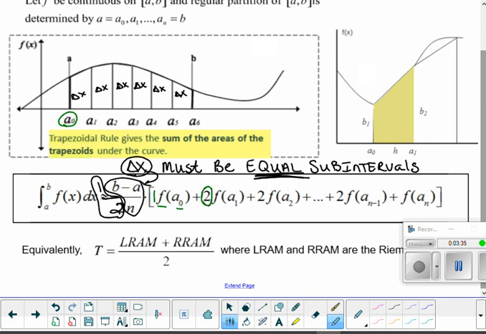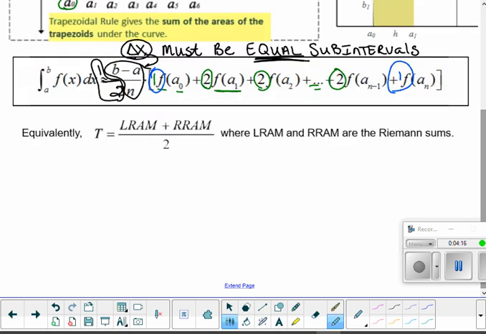Then I get double the height evaluated at a sub 1, because we had a left and a right that get utilized when doing a trapezoidal calculation. 2 of the next one, a sub 2. All of these interior heights get utilized twice, and you'll see the 2, 2, 2 pattern continuing on and on until I finish. And then my end units only have a 1 coefficient. So there's a quick method for trapezoidal if you have equal subintervals.